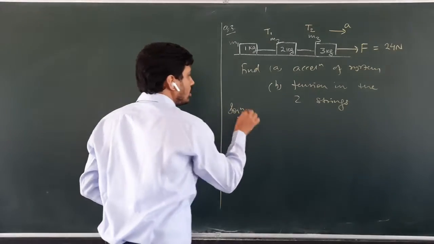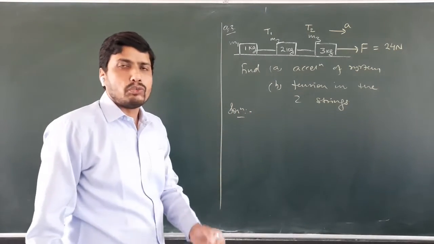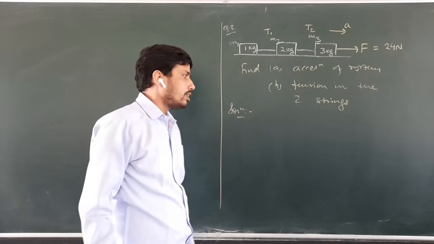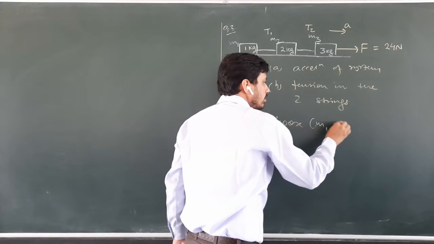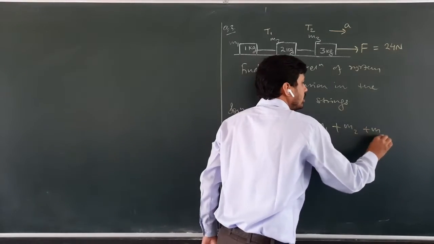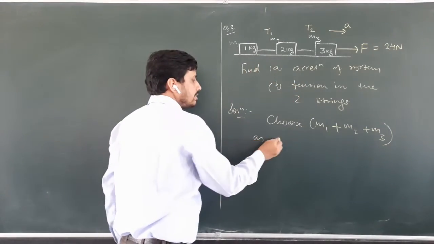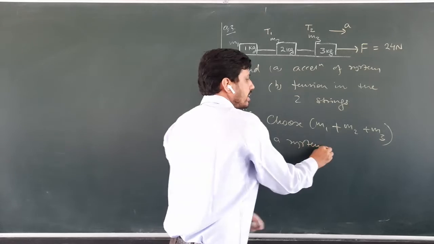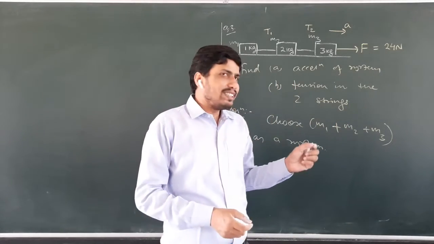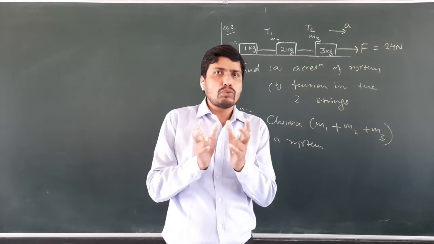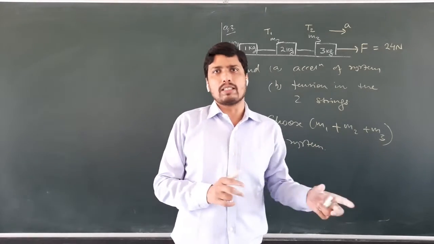Solution. The first step is very important in this particular question. Here we will choose M1 plus M2 plus M3 as a system. Now where I had written these steps, I hope you have written them in your notebook. Please see there I have written different parts of the system must have same acceleration.